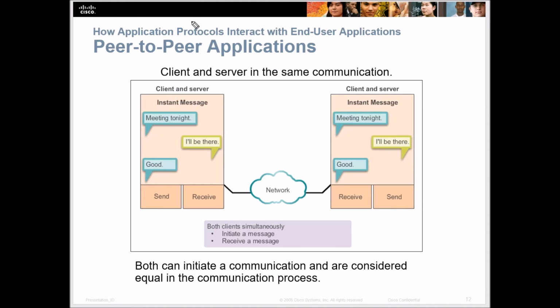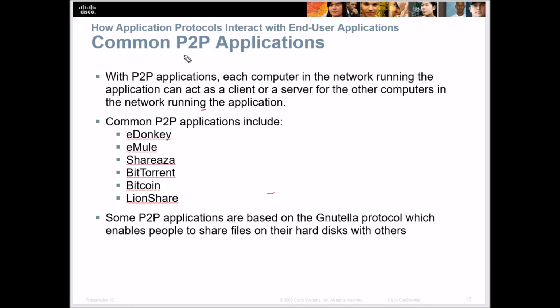Some of the peer-to-peer app functions would be client. You might have instant messenger going across a network, and you have two clients that are sending and receiving information back and forth, and that would be an example of a peer-to-peer application. Some common peer-to-peer applications, maybe older, are file sharing that you would use in your system.